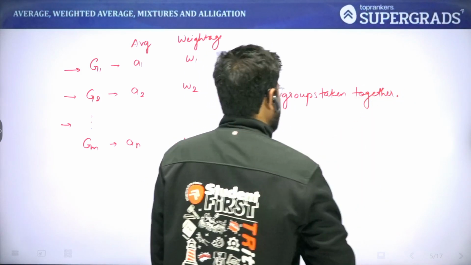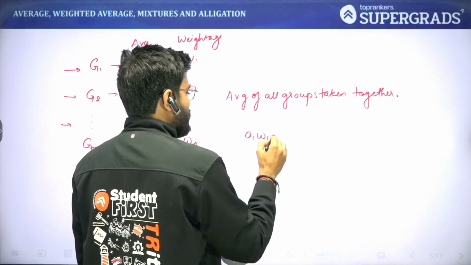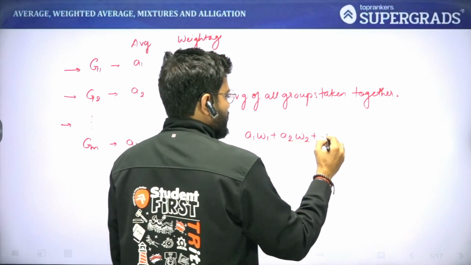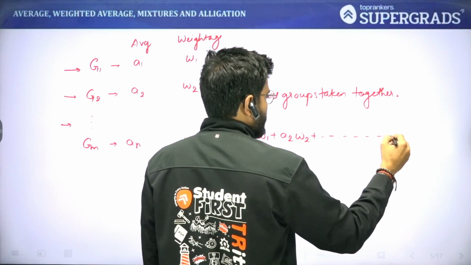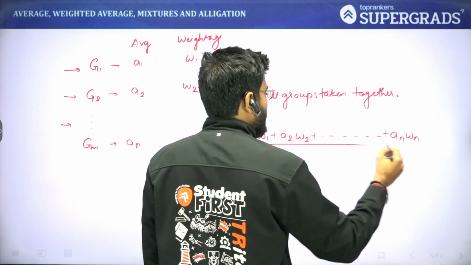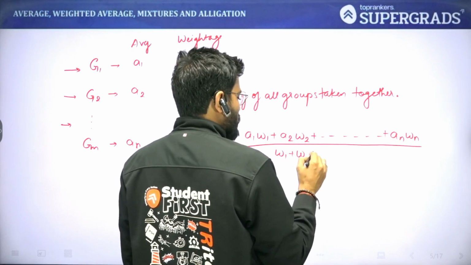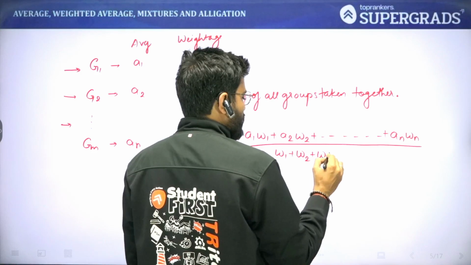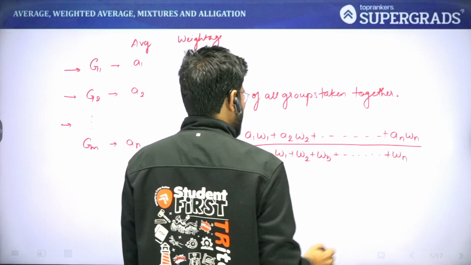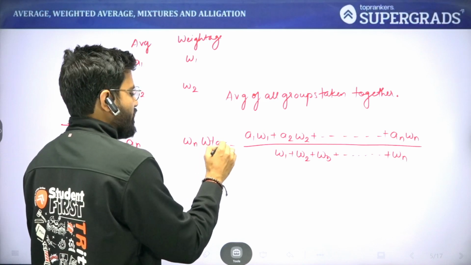It will be A1W1 plus A2W2 plus up to ANWN, divided by W1 plus W2 plus W3 plus up to WN. That will be the weighted average.